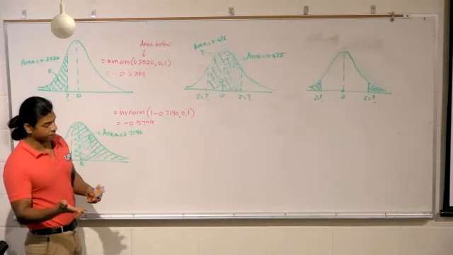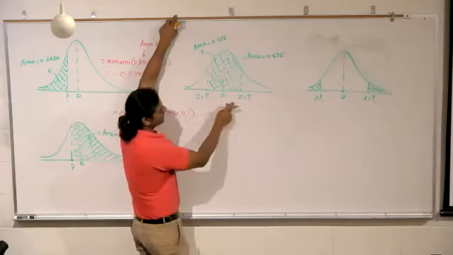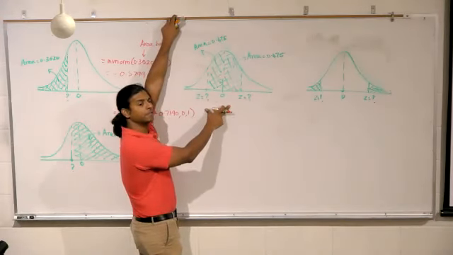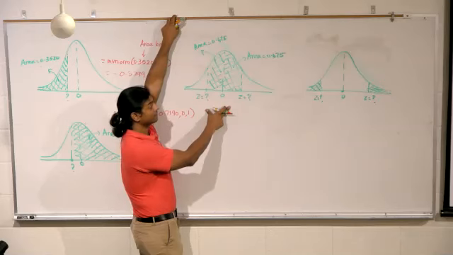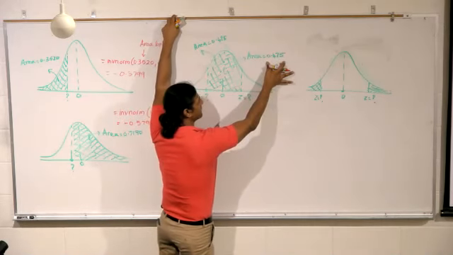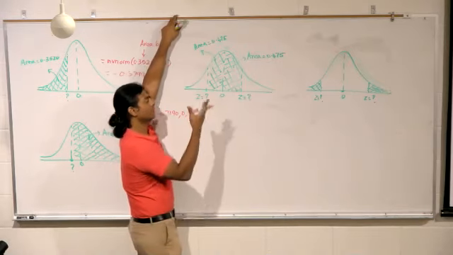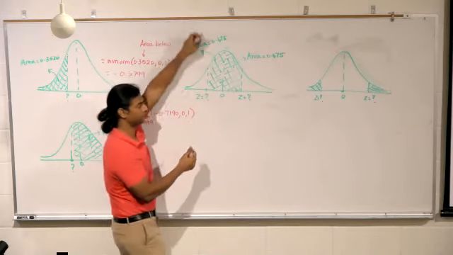But if you have the older version, fret not. What area do we have in the middle? 0.95. 47.5% plus 47.5% is 95%, or 0.95.